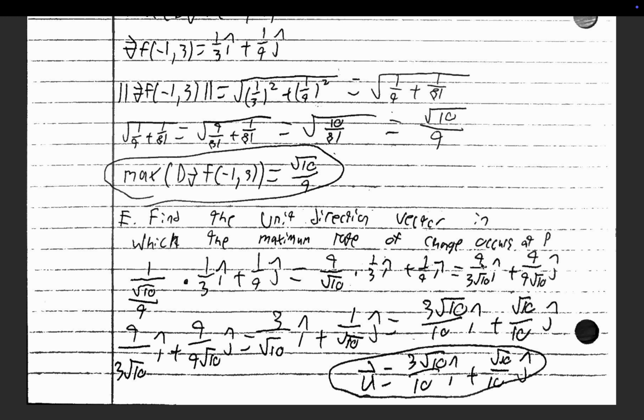That comes out to 9 over 3 rad 10 i plus 9 over 9 rad 10 j, which simplifies to 3 over rad 10 i plus 1 over rad 10 j. Let's rationalize the denominator: 3 rad 10 over 10 i plus rad 10 over 10 j. That is the unit vector of the maximum rate of change.